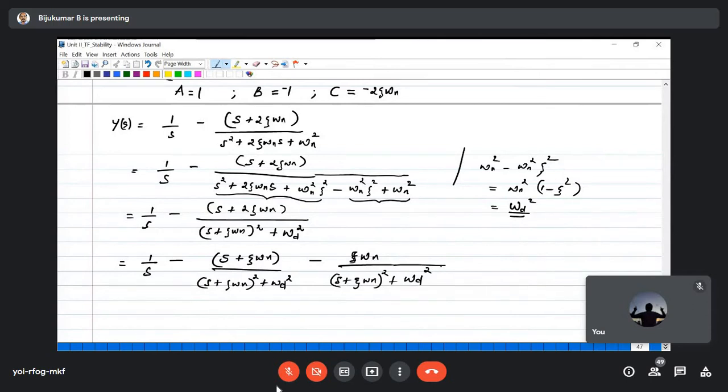Yeah. So now it is in the standard form, right? Simply you can apply inverse Laplace transform and do it.